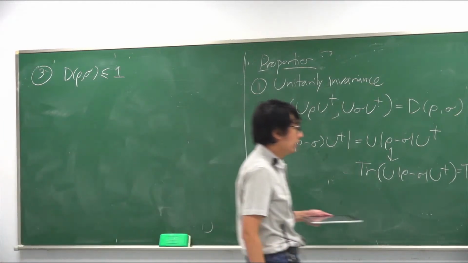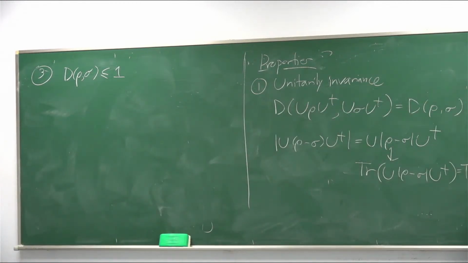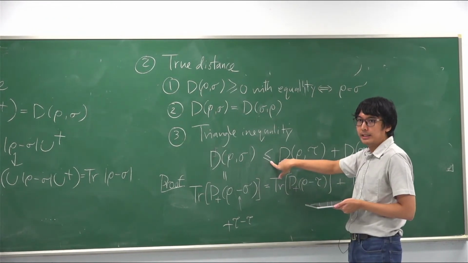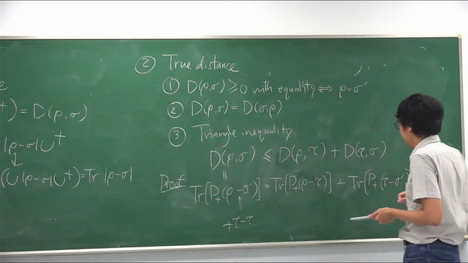Maybe you're wondering about this one. Sorry, this is not exactly equality here, because the projector is not onto the plus eigenvalues of this difference. That is the cause of this inequality, actually.